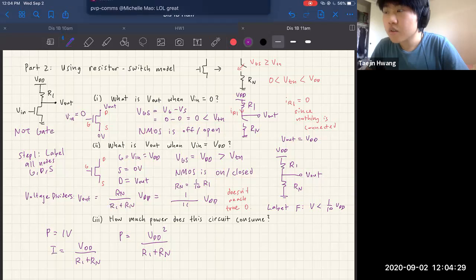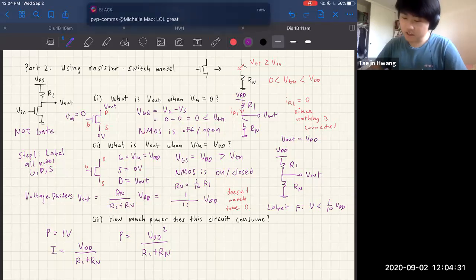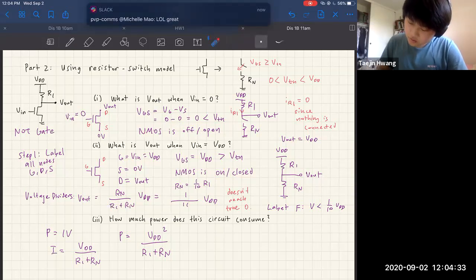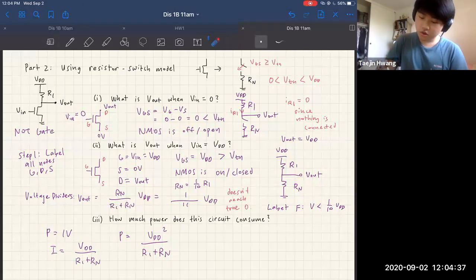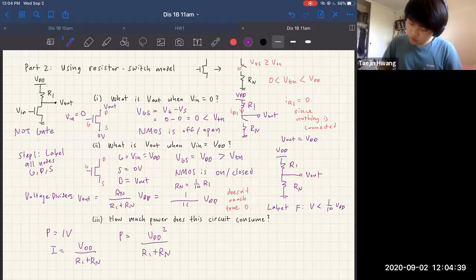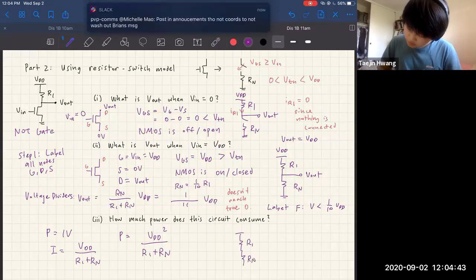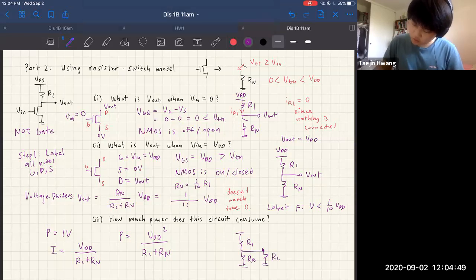The best way to explain this is if there's no closed loop in your circuit. For example, if I were to attach a small load to the circuit, then current would flow.